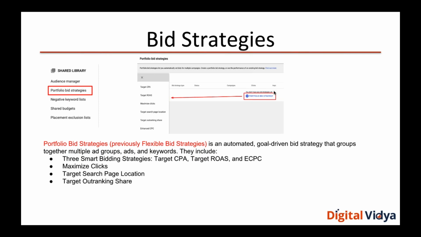I will repeat, Robin. In target outranking share, the system will ask me to set a percentage. So let's say I put 80 percent. And let's say Robin, you are having a website, robin.com. I'm just writing it like that. So I specify my competitor domain, which I'm just hypothetically saying is robin.com here, and I specify a percentage, which is my target outranking share, 80%.